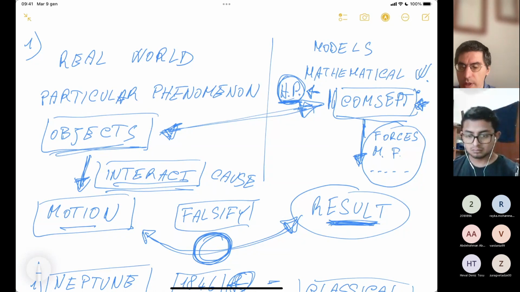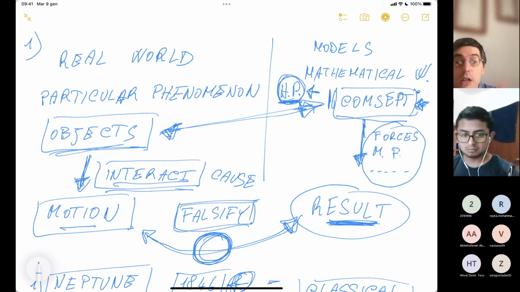So we said, if the hypotheses are correct, we will see that our model will not be falsified. If something goes wrong, we can say the model was falsified.